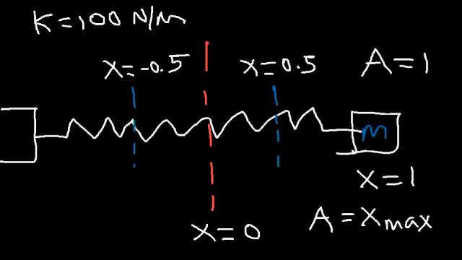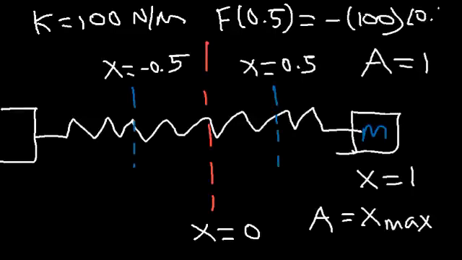What is the restoring force at, let's say, a position of 0.5? Include the appropriate sign as well. So F is equal to negative Kx. It's going to be negative times 100 times 0.5, which is negative 50. So at this point, we have a force of negative 50. The negative sign means that it's towards the left.